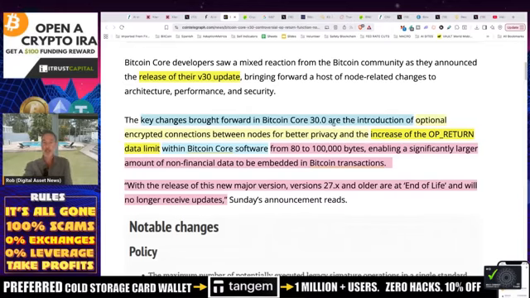And this is also the increase of the OP_RETURN data limit within the Bitcoin Core software from 80 to 100,000 bytes. It's a lot more space, enabling a significantly larger amount of non-financial data to be embedded in Bitcoin transactions.